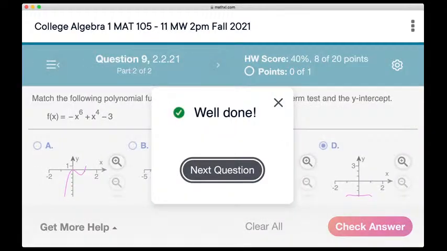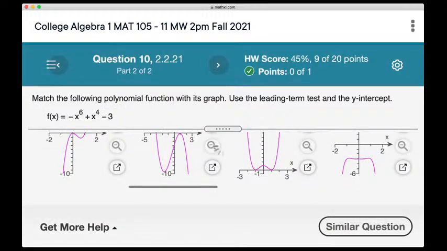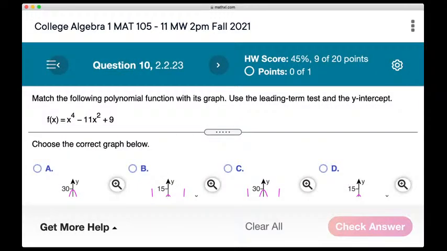Okay, let's do the next one. Okay, y-intercept is 9. The leading coefficient is positive, and the degree of the polynomial is even. So positive leading coefficient means it rises to the right. An even degree means the other side does the exact same thing. So this should go up to the right and up to the left with the y-intercept of 9.